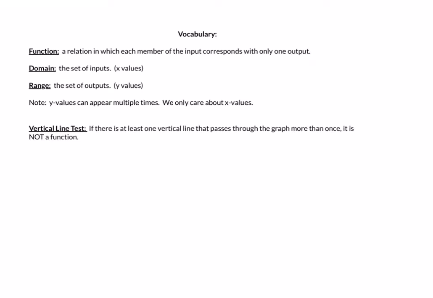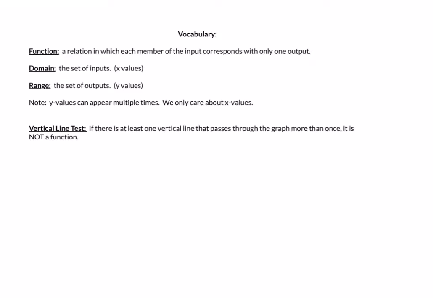So first off, we have some vocabulary. We have function. This is a relation in which each member of the input corresponds with only one output. Functions map or are related to real-world problems. Quite often, real-world scenarios, we use functions to represent them.